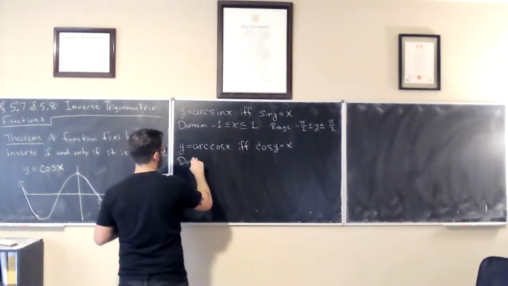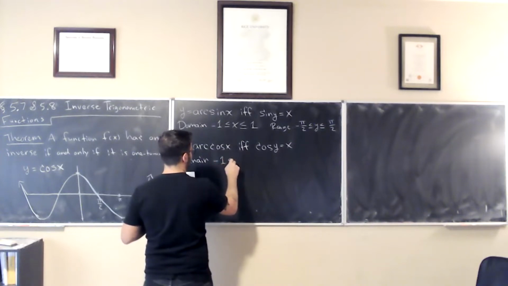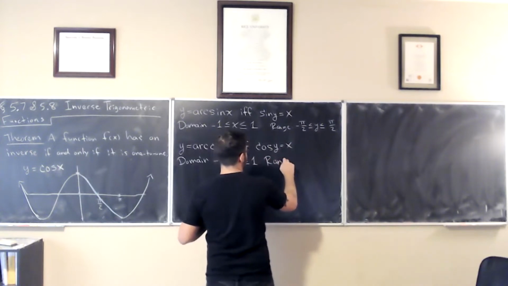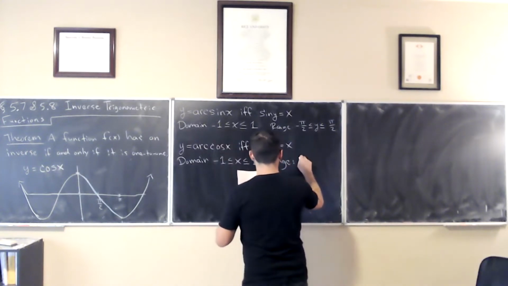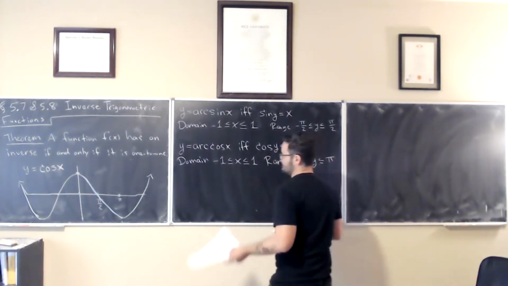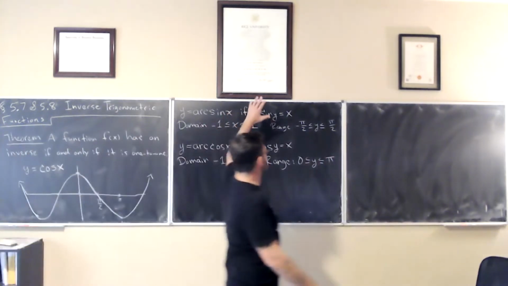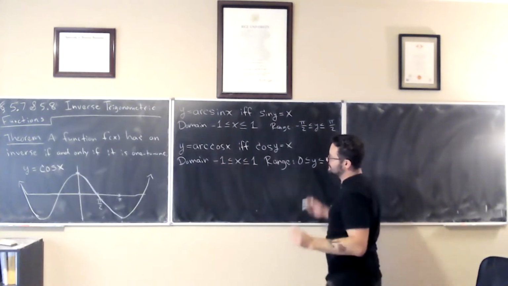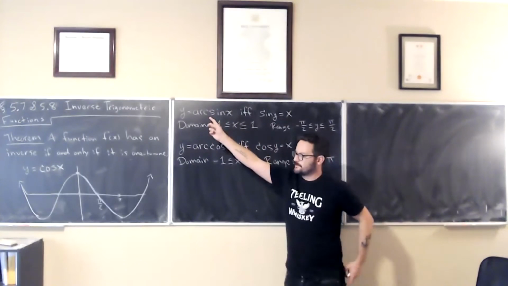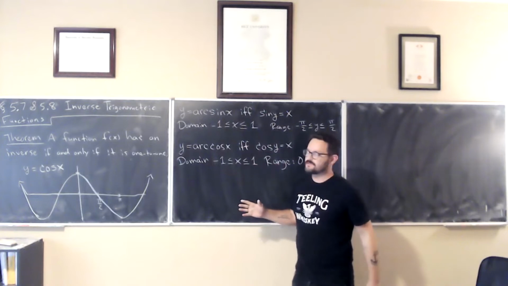This is domain -1 less than or equal to x less than or equal to 1, and range 0 less than or equal to y less than or equal to pi. Okay, so I knew that something was off when I looked at the range of the arc sine function. When I looked at the range and I looked at that graph, something was not making sense to me.